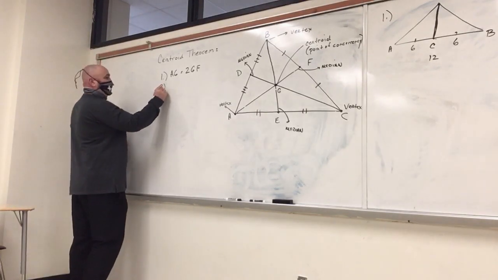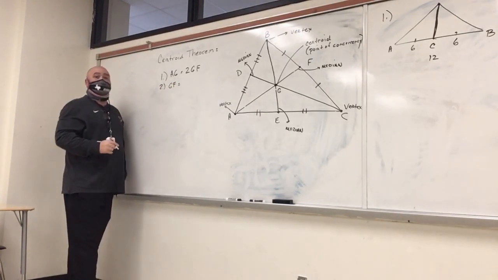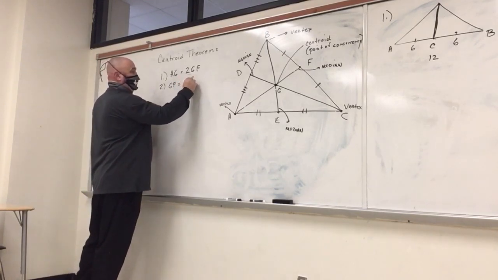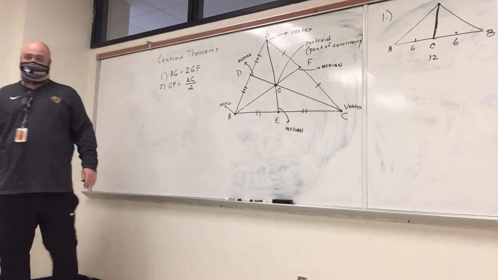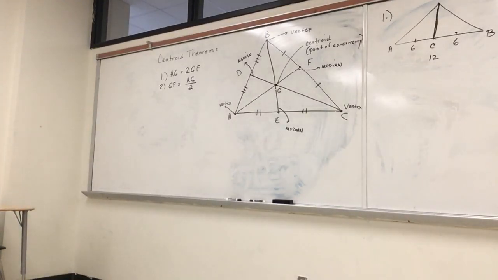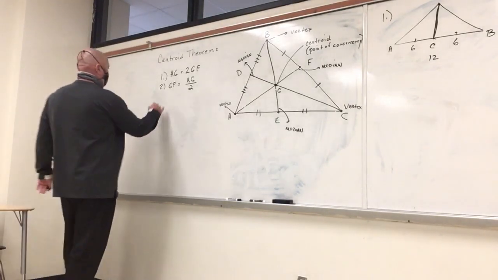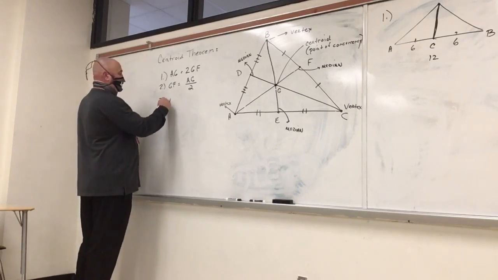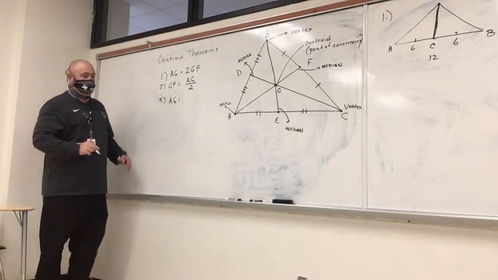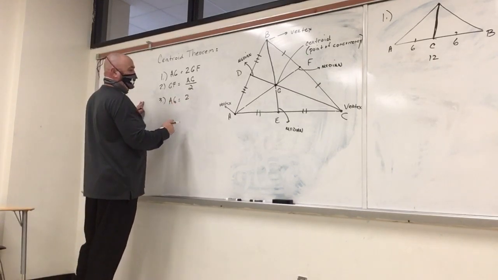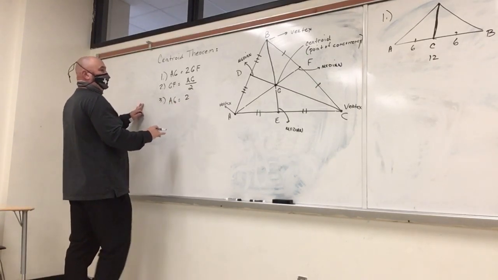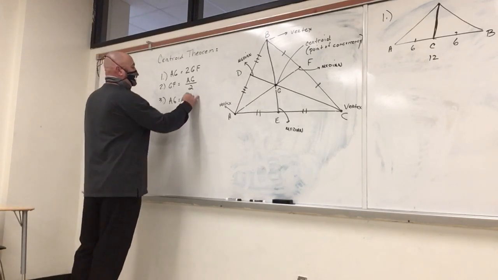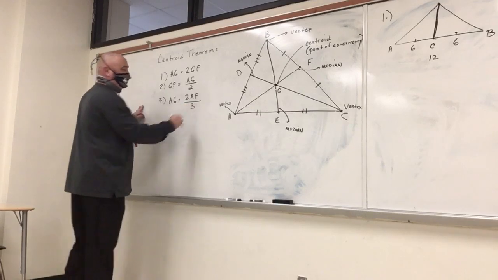Number 2, GF is equal to what? AG divided by 2. Number 3, AG is also equal to 2 times AF divided by 3.